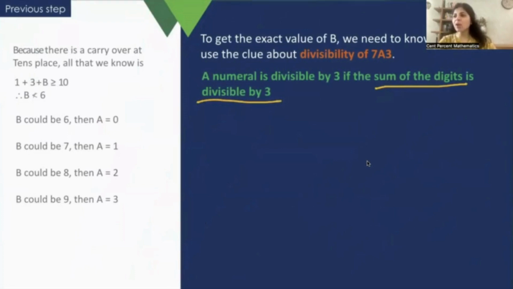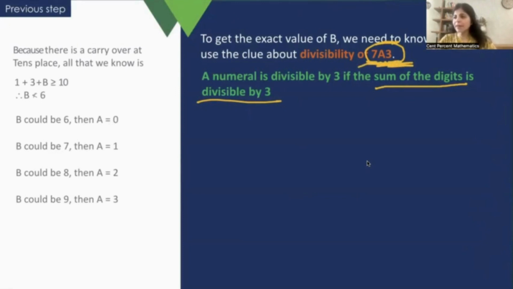So we basically need to add all these digits, 7 with A and 3, to get a number which is divisible by 3. If that is divisible by 3, the numeral 7A3 would be divisible by 3.